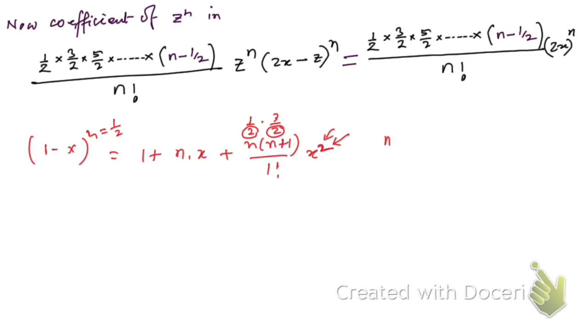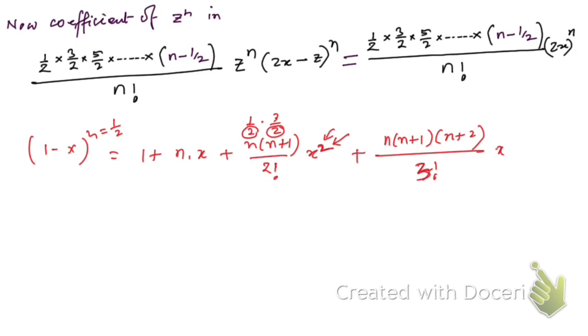In the next term, similarly, n into n plus 1 into n plus 2, right? And divided by factorial 2, here we're gonna get x to the power, right? Sorry, I made a mistake. It was factorial, actually 2. Factorial 1 was there, actually that was not written because factorial 1 is simply 1. So it's supposed to be factorial 3.